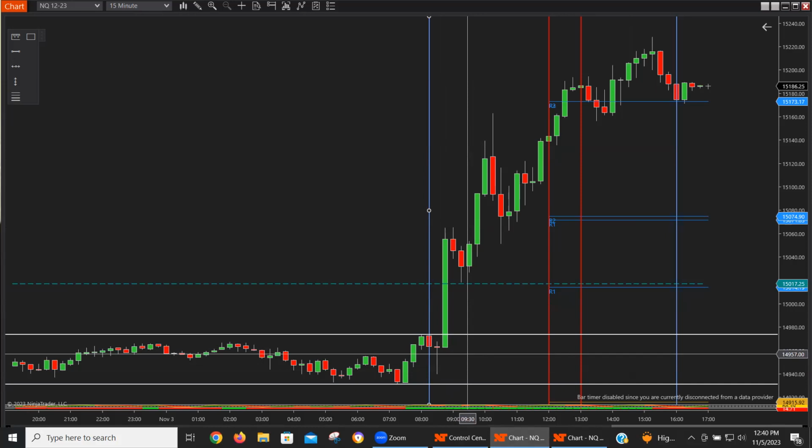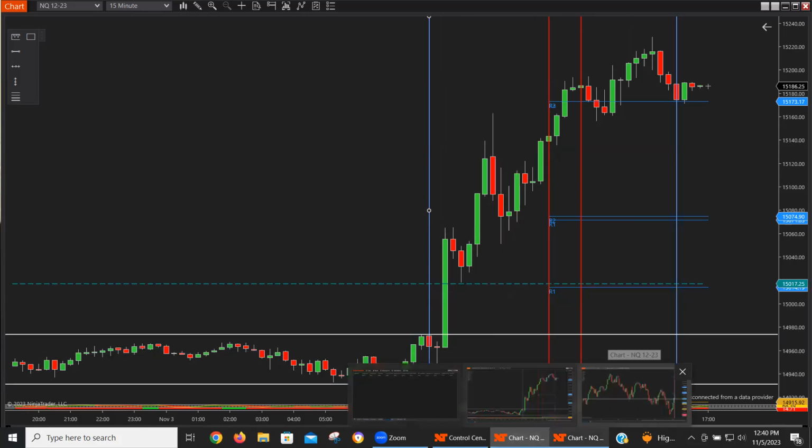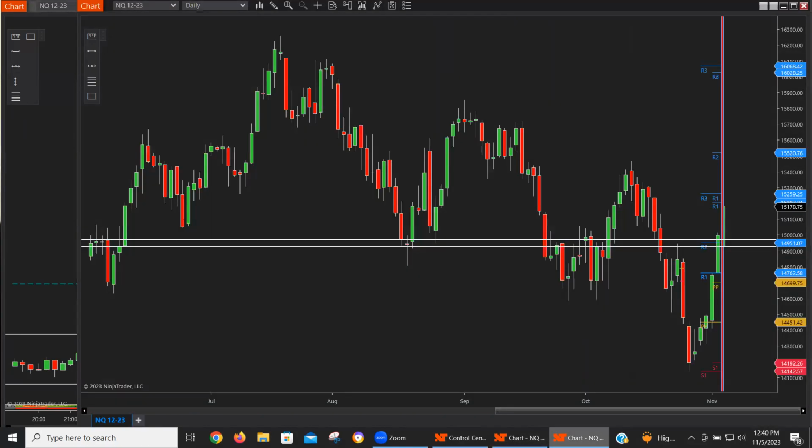Let's go back to structure. Go back to that daily chart. Okay. So here, I already know I got that. So I'm seeing on this chart what the bias for the day possibly is going to be, which is up.